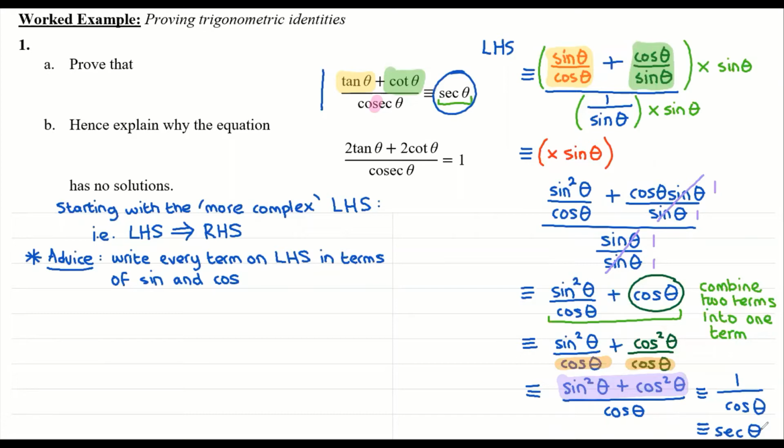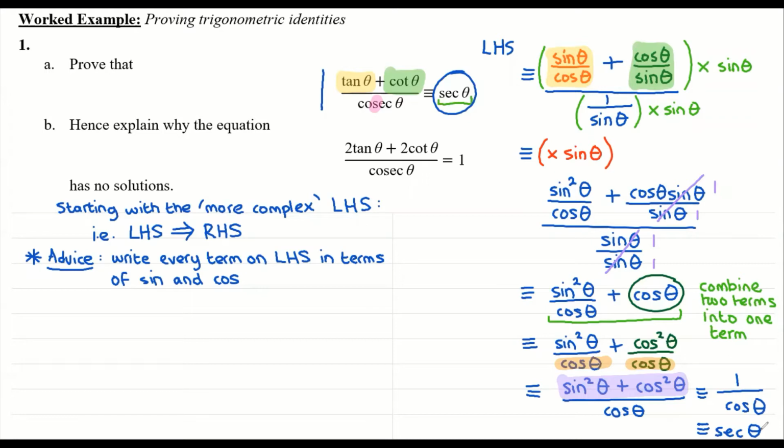The advice, again, is to get everything into the sine and cosine building blocks, and then look at the terms you've got. Does your right-hand side, or the least complicated side, the thing you're aiming for, have one term, two terms? What does it look like? Do you have to combine them at some stage? But the easiest way to do that is to make sure everything is in terms of sine and cosine.